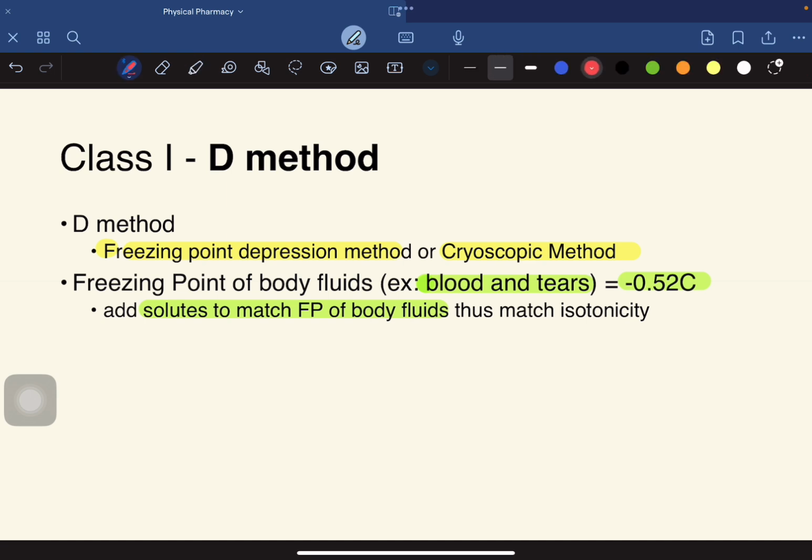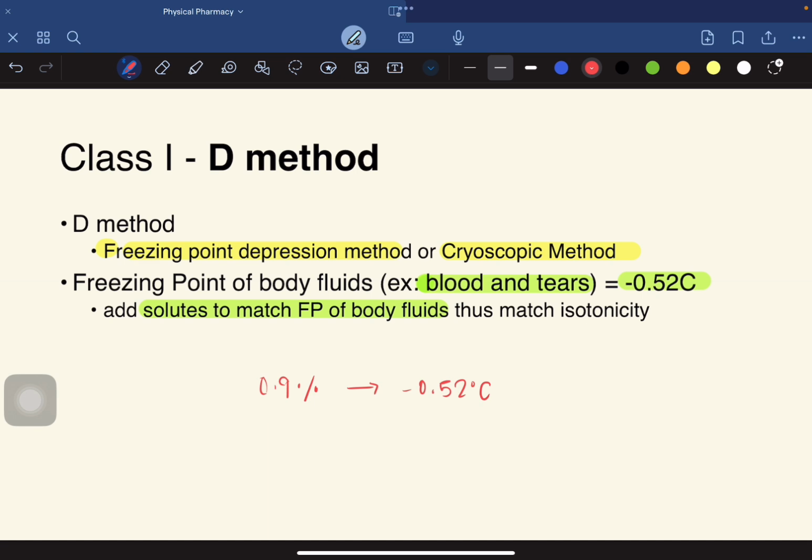So diba recall that an isotonic solution again is 0.9%. So therefore, it follows na yung 0.9% isotonic saline, yung freezing point niya is negative 0.52 degrees Celsius. So therefore, this will be a constant in our calculations for the D method.